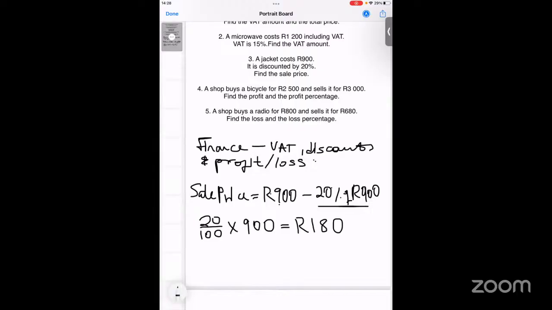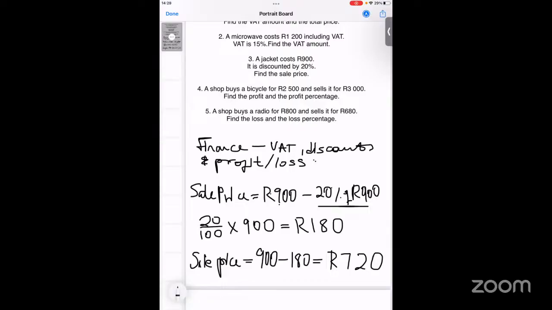Okay, and then that means we will take the original price minus that discount amount, and then we will get the sale price. Because it is on sale, the sale price will be equal to 900 minus 180, which will be equal to 720 rands. 720. It is very important that you write that up because it is money that we are talking about here.